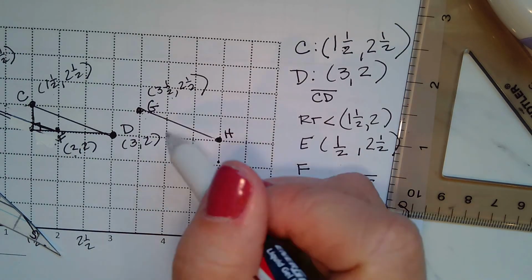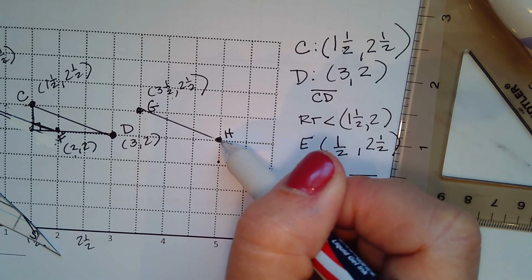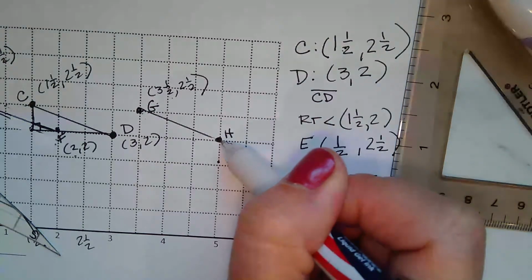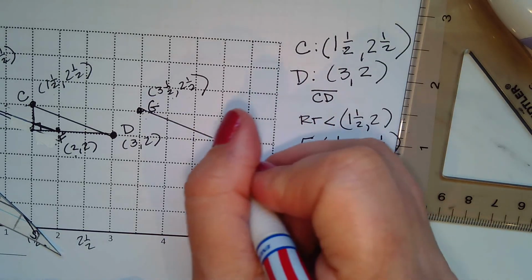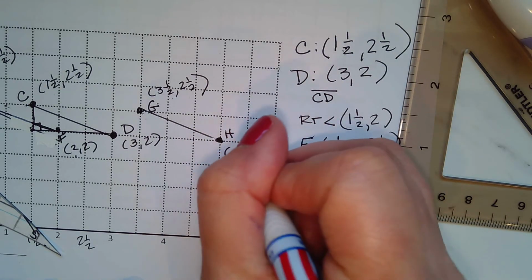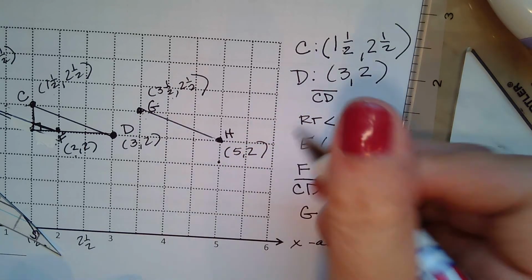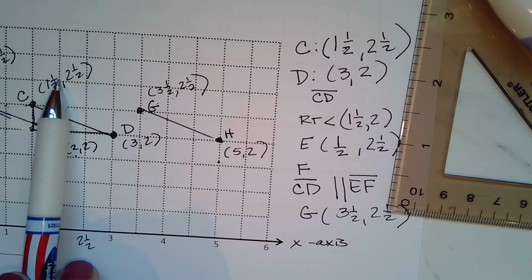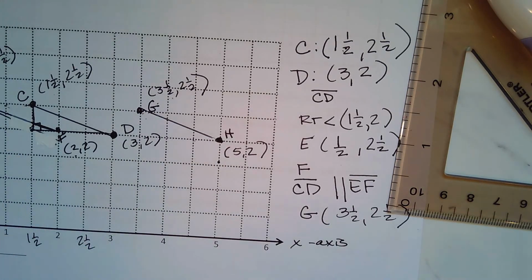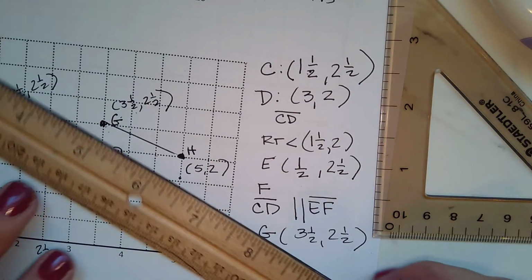All right, so did you end up with something like this? Now, what would you say? What are the new coordinates? Here, it would be 5, 2, right? Now, what if you wanted to connect it and keep this line going?